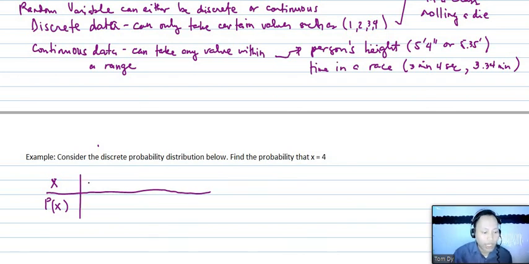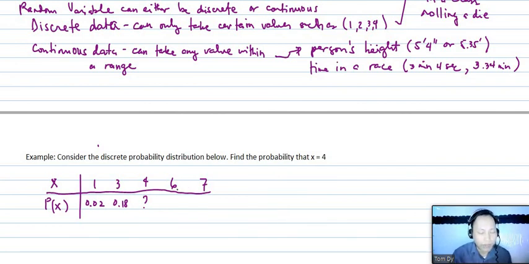So x equals 1, then 3, then 4, then 6 and 7. The probability when x equals 1 is 0.02. The probability when x is equal to 3 is 0.18. We do not have a value when x is equal to 4.